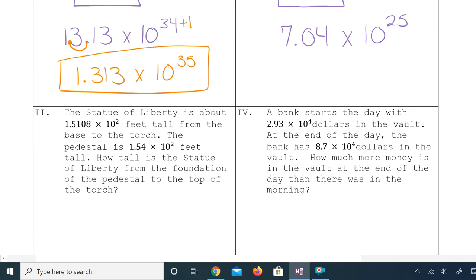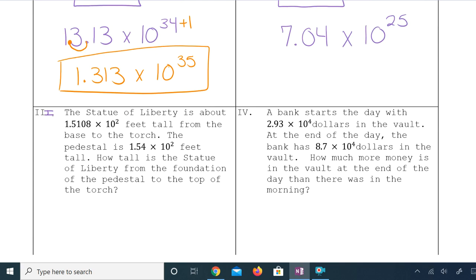So if we look at our number 3, the Statue of Liberty is about 1.5108 times 10 to the 2nd feet tall from the base to the torch. The pedestal is 1.54 times 10 to the 2nd feet tall.